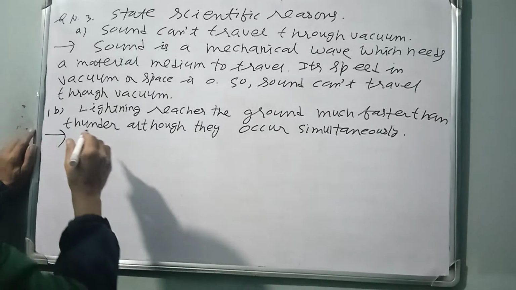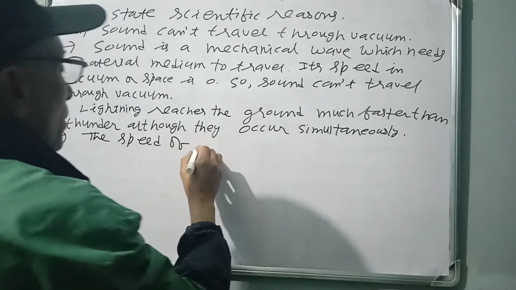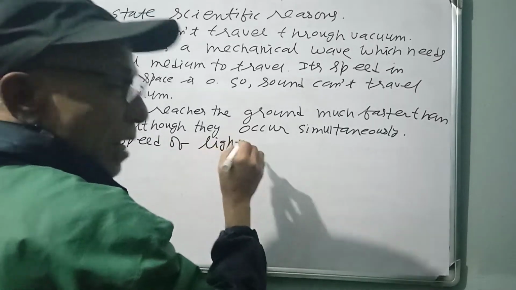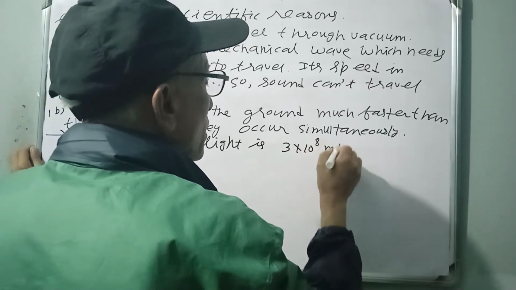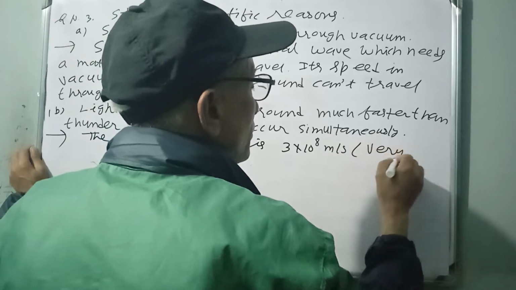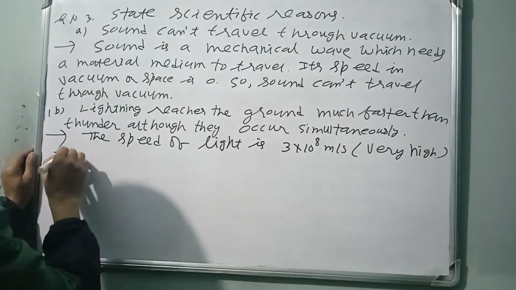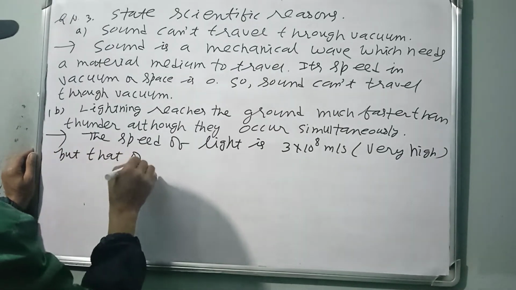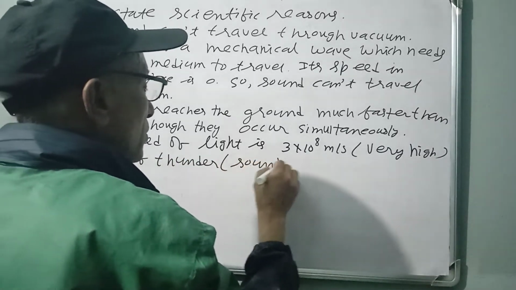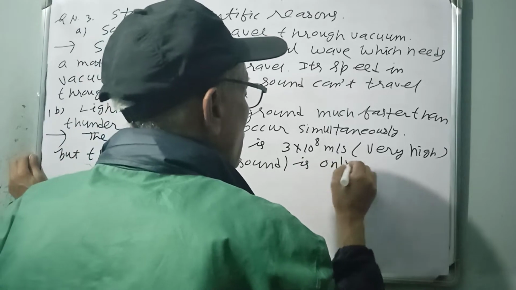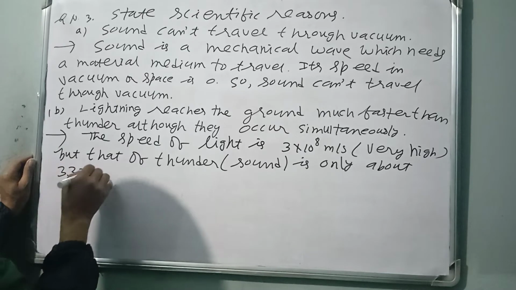First of all, you have to write down. The speed of light or lightning is 3 into 10 to the power 8 meter per second. That's very high. But that of thunder, meaning sound, is only about 332 meter per second.